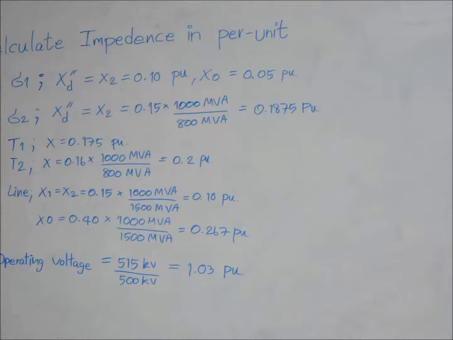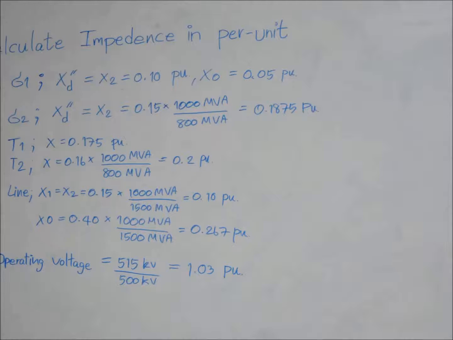Generator 1 subtransient impedance positive sequence equals negative sequence equals 0.10 and zero sequence equals 0.05. Generator 2 impedance positive sequence equals negative sequence equals 0.15 multiplied by 1000 MVA divided by 800 equals 0.1875.